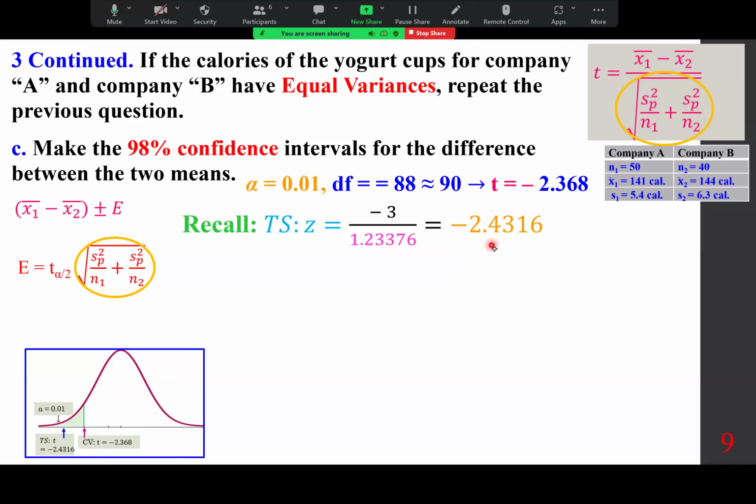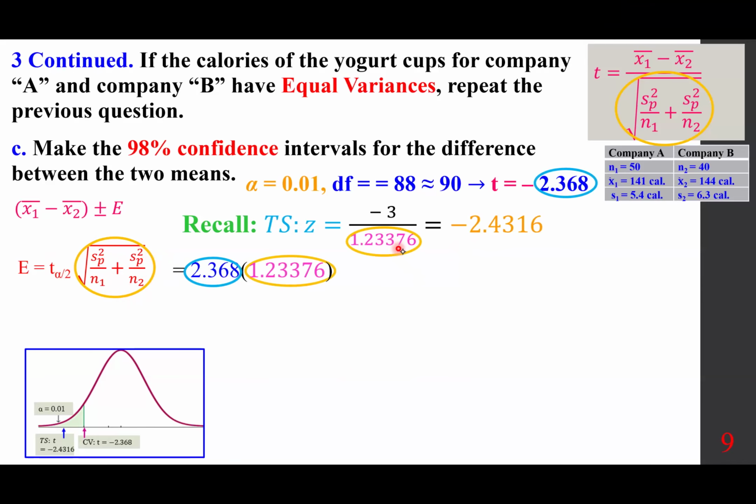In other words, a lot of things are already calculated. We have the critical value, and we have the denominator from the previous page. Take a look, these two. Very straightforward. That makes calculations a lot easier.